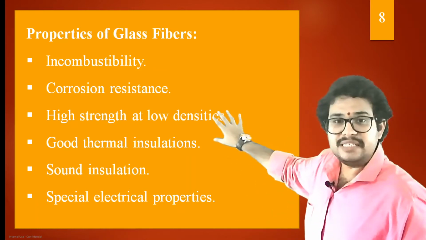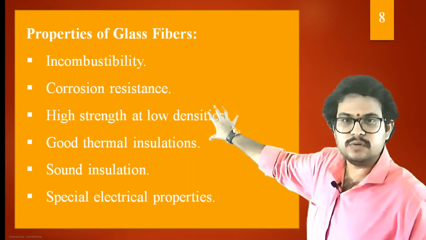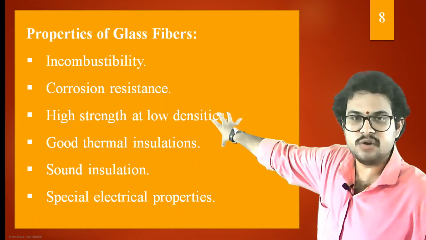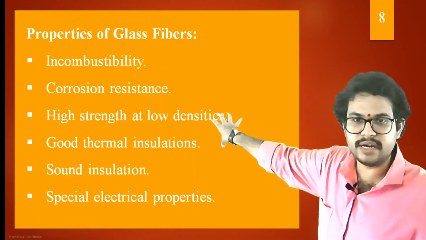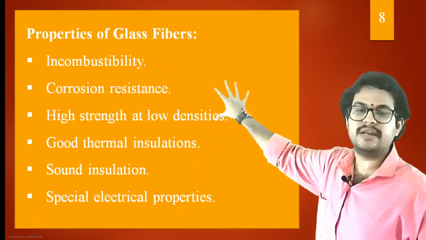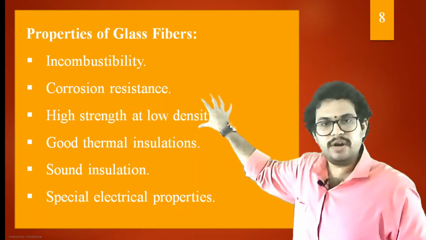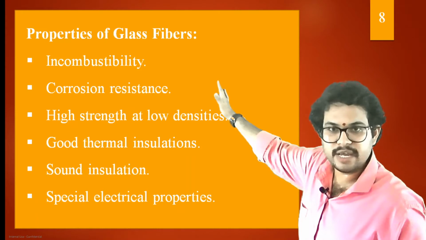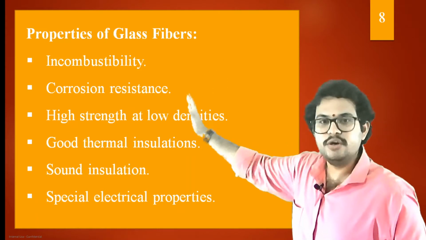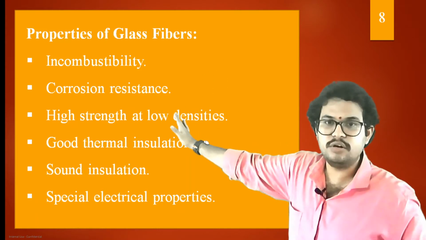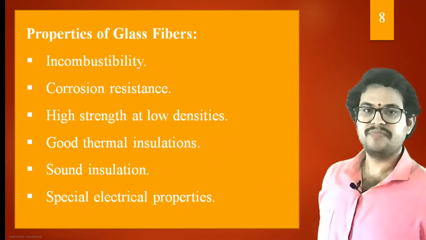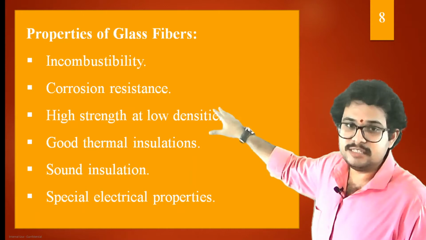Even if the material is exposed to extreme chemical conditions, we don't get corrosion or erosion. Therefore, one of the important properties of these glass fibers is corrosion resistance, which is most required to prepare a wide variety of machining components. Next, as we have already discussed, the density.